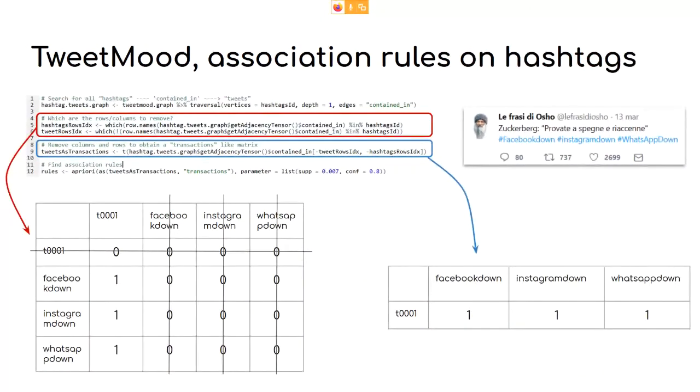To prepare data as a list of transactions of hashtags, we can use the adjacency matrix of the relationship contained in. Since both on columns and on rows we have all the hashtags and all the tweet identifiers, and considering that the graph is directed, so the matrix is not symmetric, with few operations of data wrangling, we can obtain the matrix in the way we need it to be as input to the association rules process.